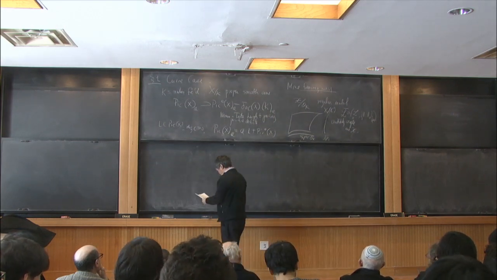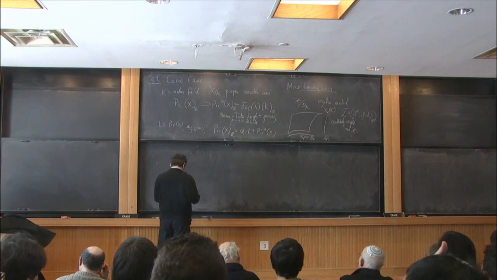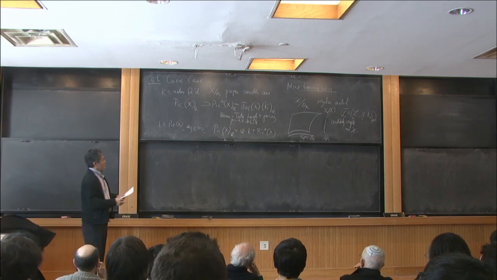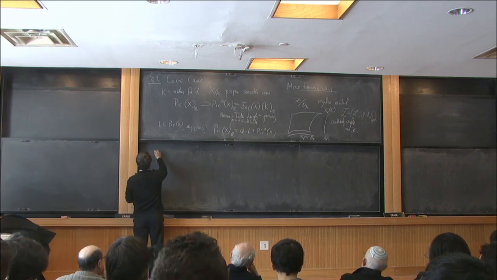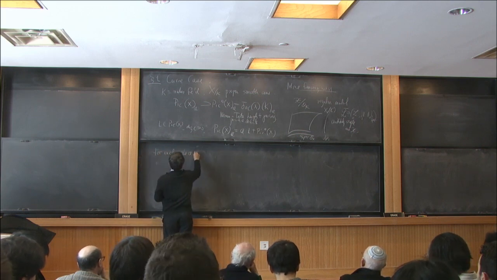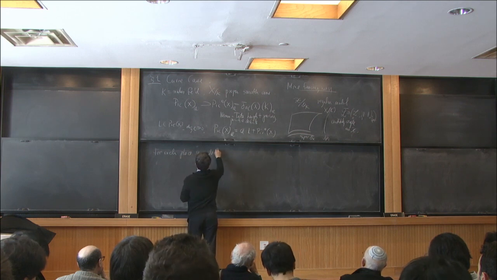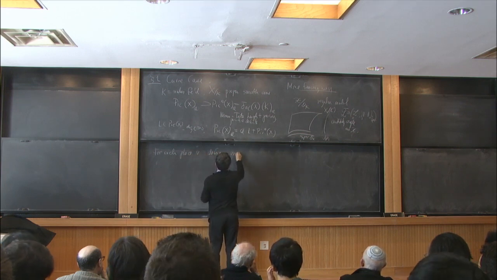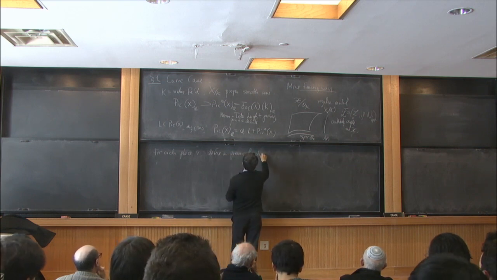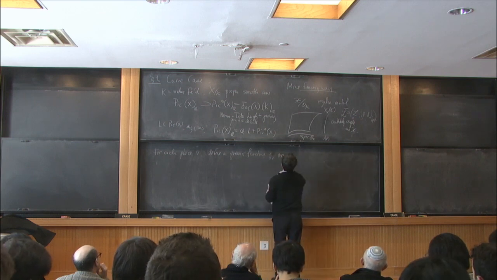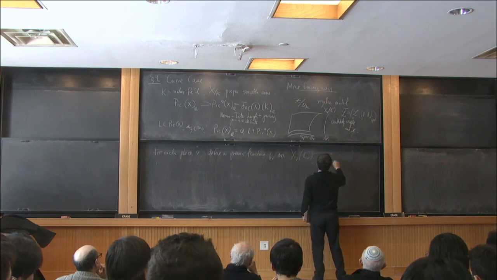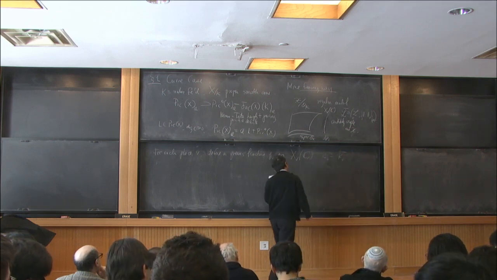Once you do this, you can do something very interesting. For each place v, we can define a Green's function g_v on X_v of C_v, where C_v is the completion of the algebraic closure of k_v.